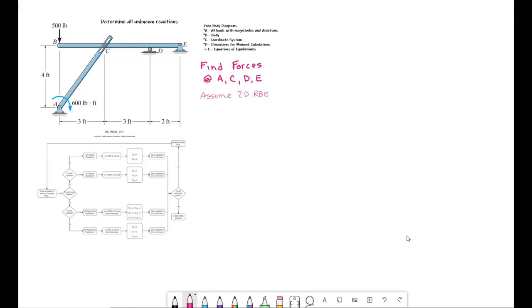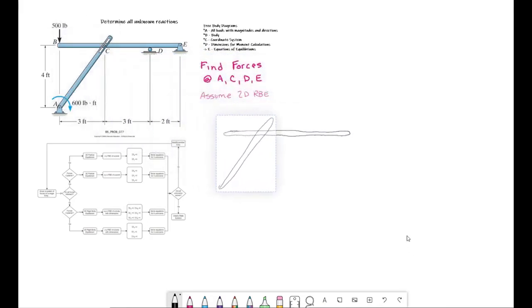I'm going to start with, typically with frames, a free body diagram of the entire object. Because I'm working on a screen, I have the opportunity to trace the body. Then I can select that and drag it over here.